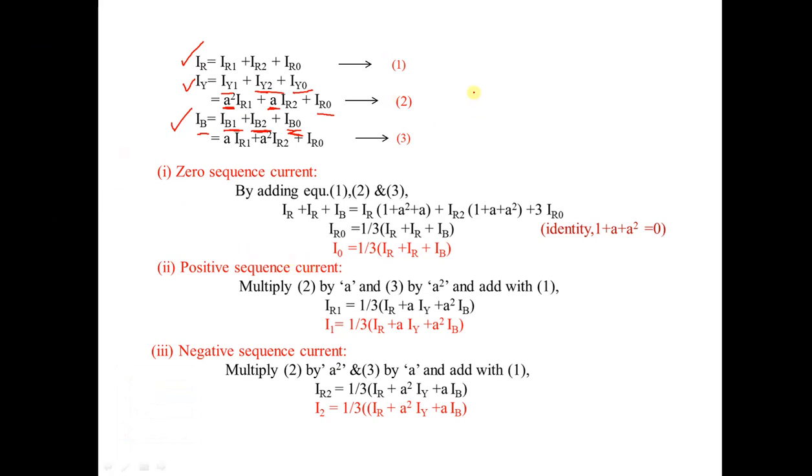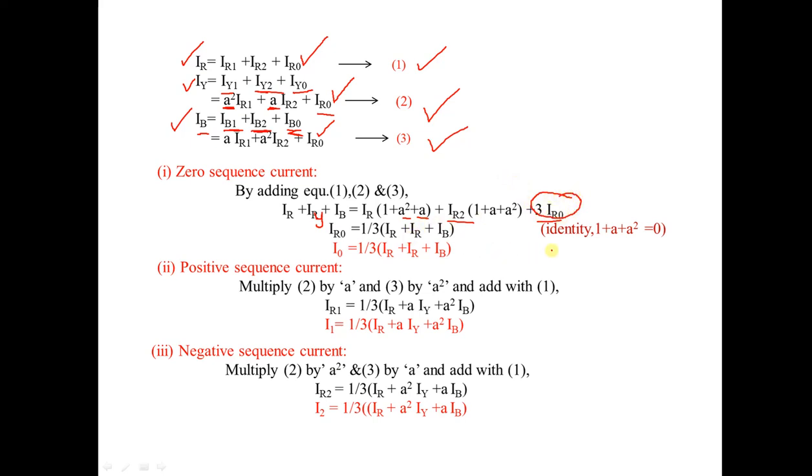I am just adding the first, second and third equations. So IR plus IY plus IB is equal to IR1 times the common terms: 1 plus A square plus A, and similarly IR2 times 1 plus A square plus A, and 3 IR0, since IR0 plus IR0 plus IR0 is 3 IR0.